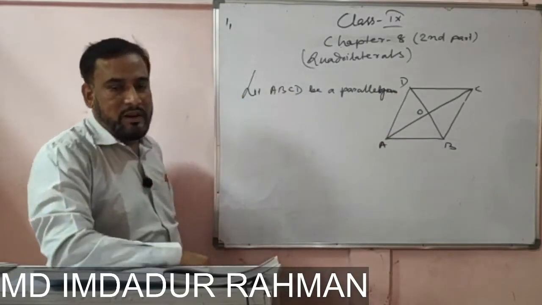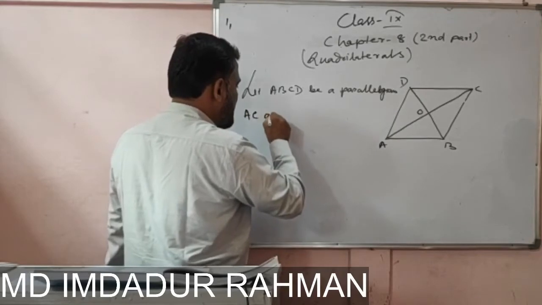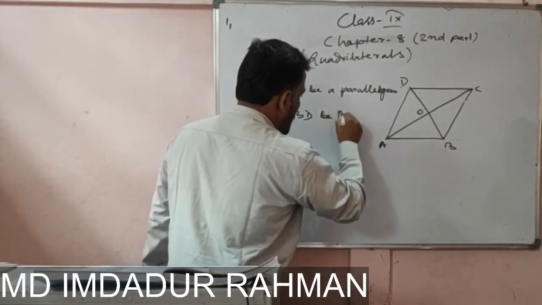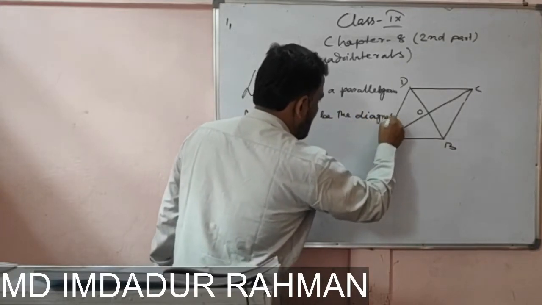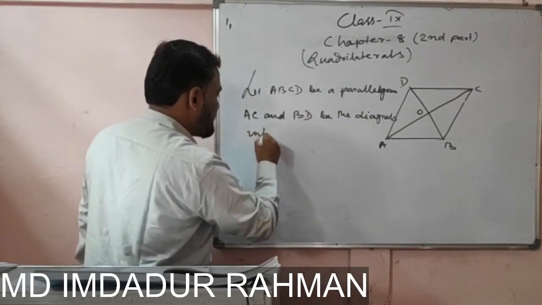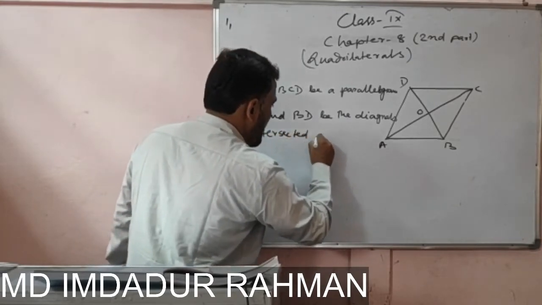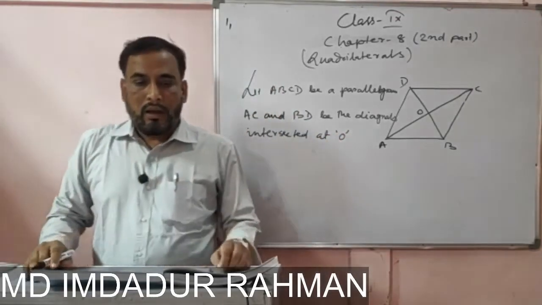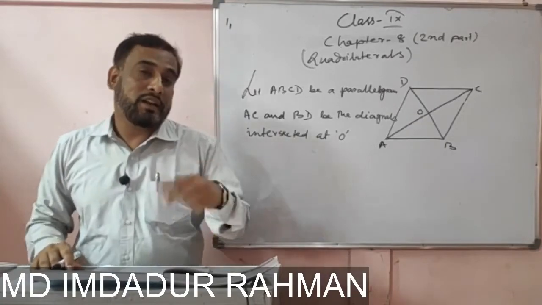Let ABCD be a parallelogram, AC and BD be the diagonals intersecting at O. Now we have to prove that they bisect each other.